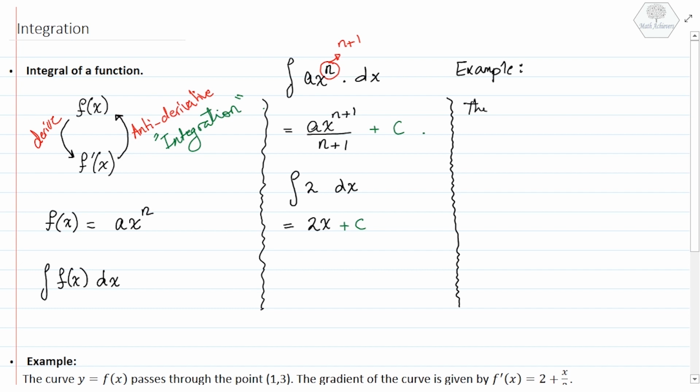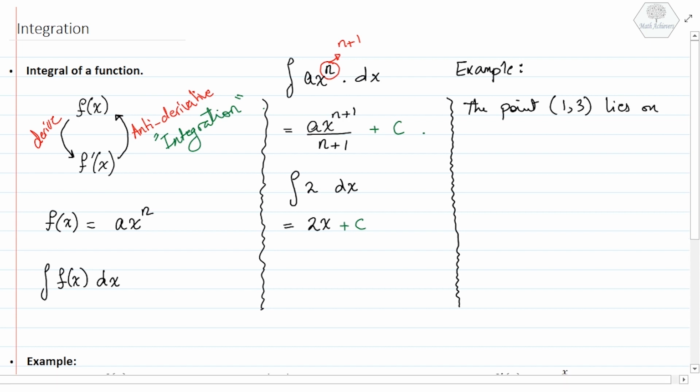The point 1 and 3 lies on f of x. I have f of x to be equal to 2x plus 4.